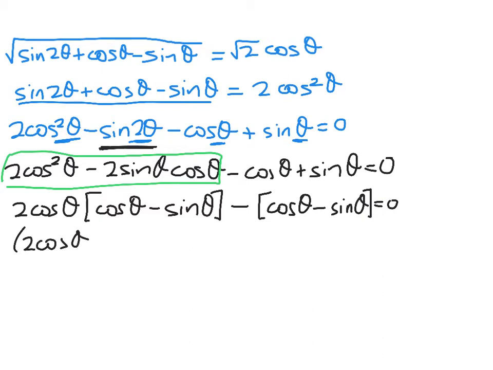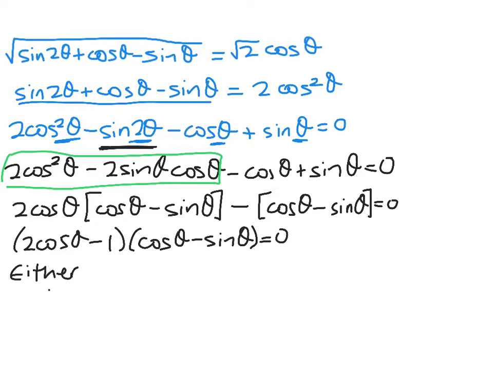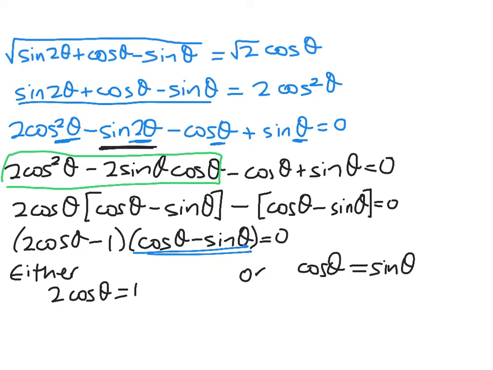Factorising as usual, we get 2 cos theta minus 1 times cos theta minus sine theta is equal to 0. So either 2 cos theta equals 1 or cos theta equals sine theta. Right, so either this factor is 0 or this factor is 0.